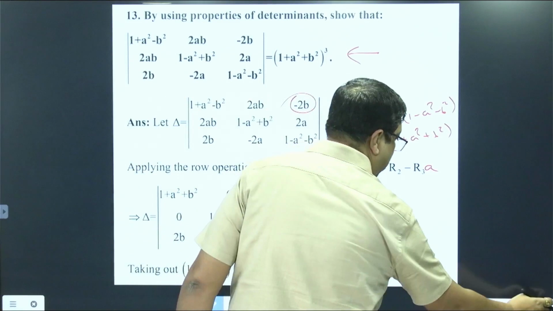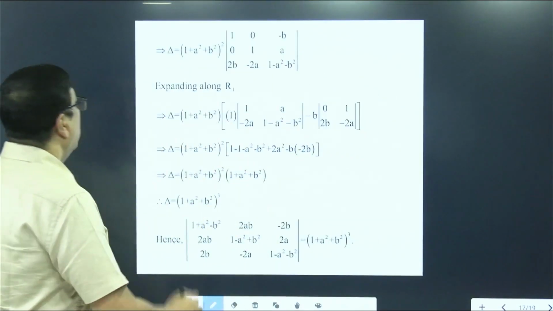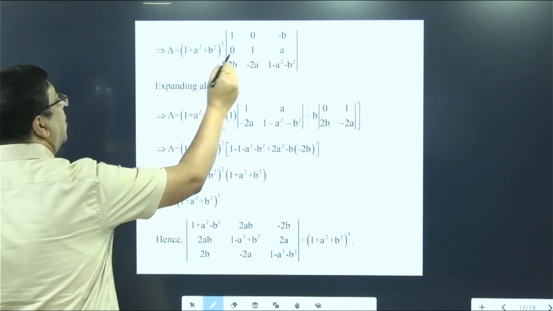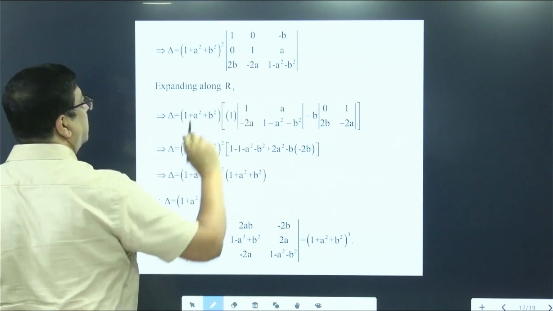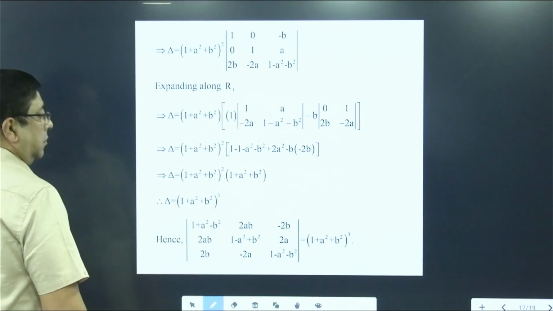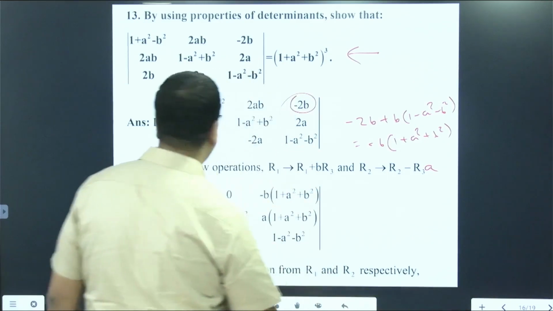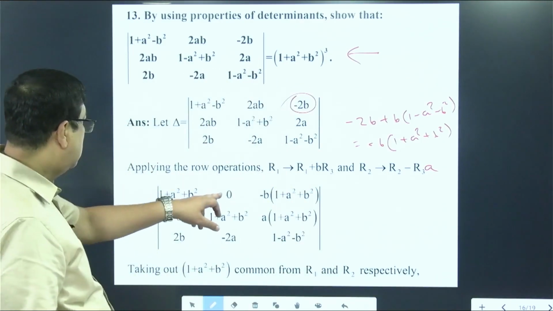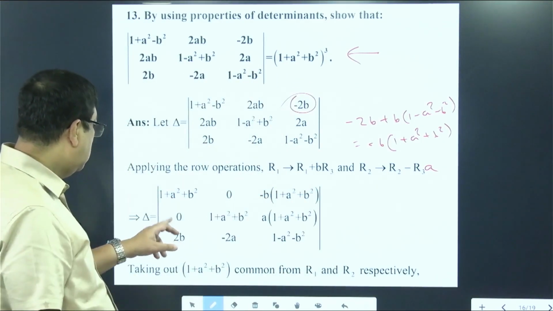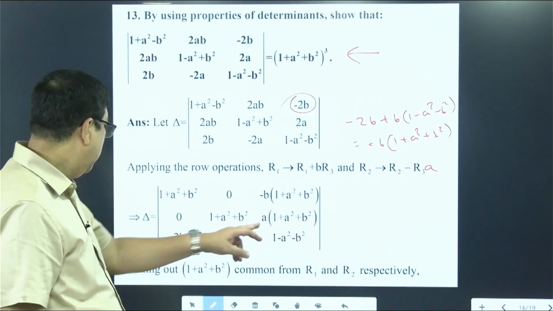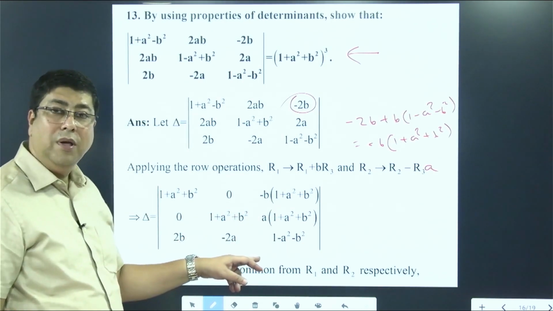Then 1 plus a square plus b square whole square, and the values are coming like this. 1, 0, minus b; 0, 1, a; and the third row is unchanged.